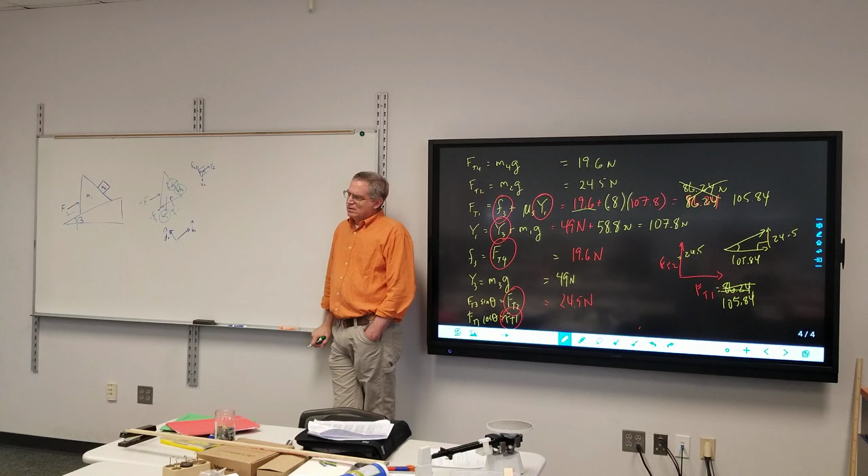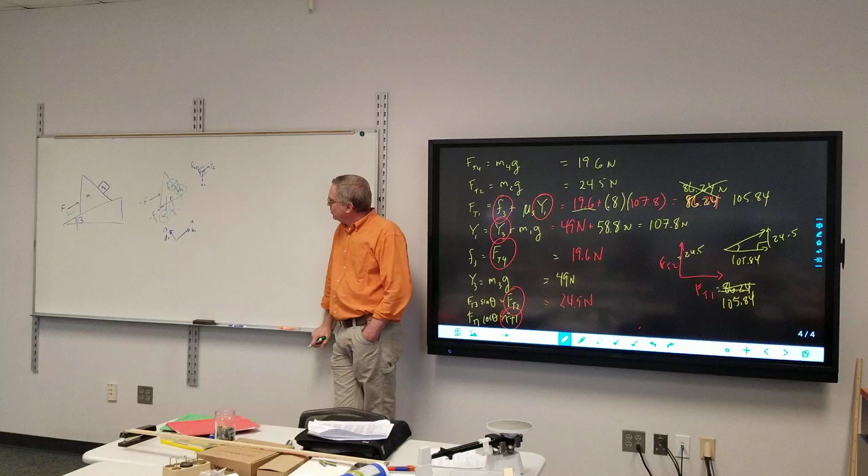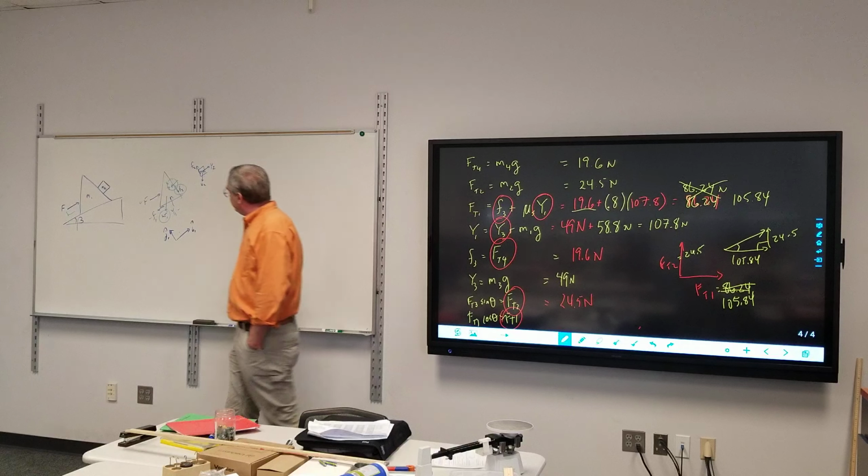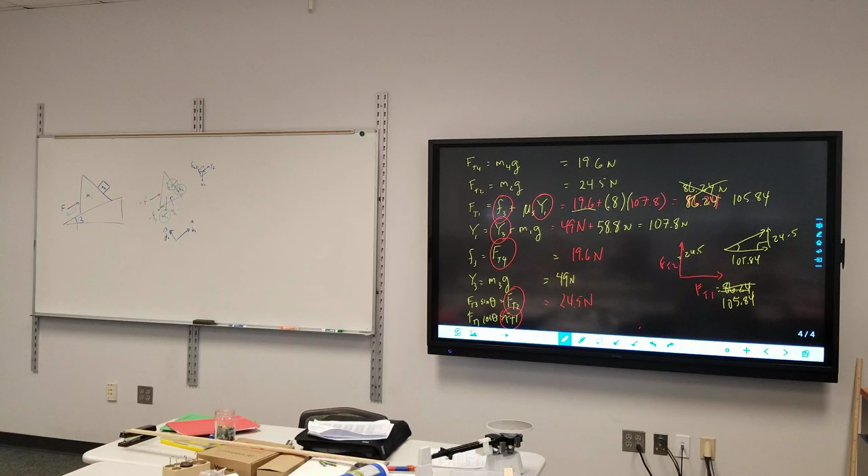Okay, I'm just wondering, because on your drawing, it looks like Y2 is parallel, but then on this, it doesn't. It should be perpendicular to this. Okay.